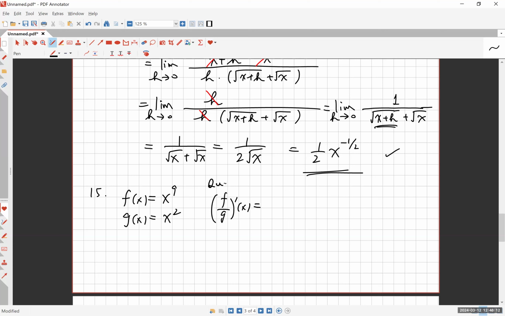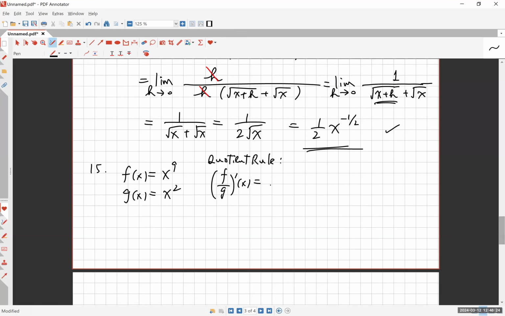First we are asked to use the quotient rule to find the derivative of f over g. Now later we can do this in a much more direct way, obviously, right? But this is just a demonstration that you will use two methods, apply two methods on the same function, and you do get the same answer as the derivative.